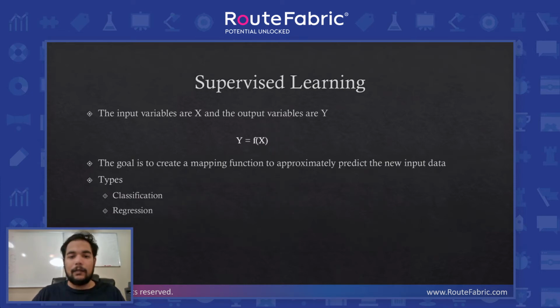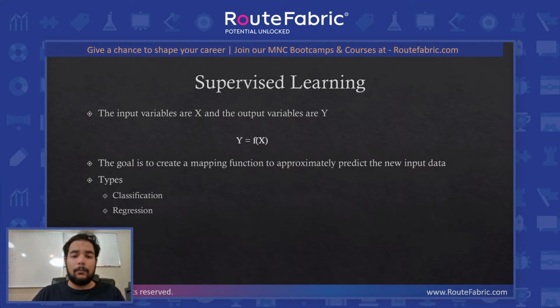Now let us look at what supervised learning is. Supervised learning is task-driven. That means its job is to get from point A to point B. The input variables in supervised learning are called X and the output variables are Y, and the function is Y equals f of X. The goal is to create a mapping function to approximately predict the new input data.